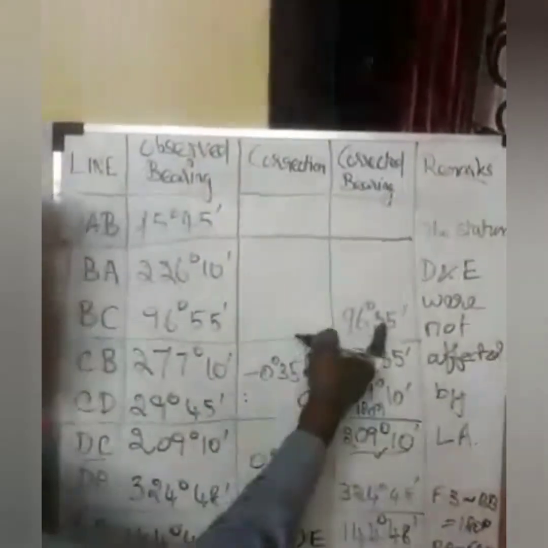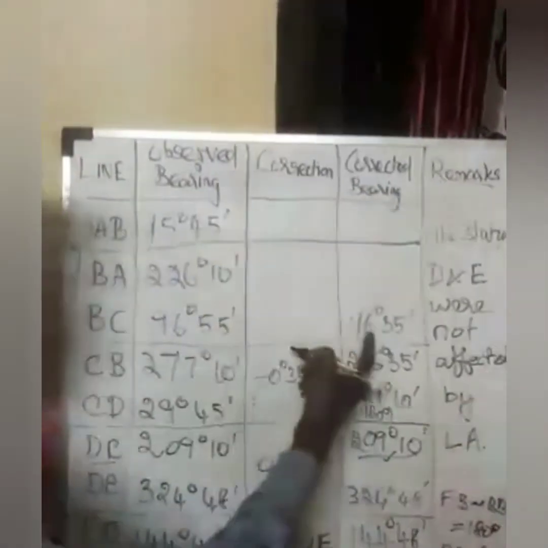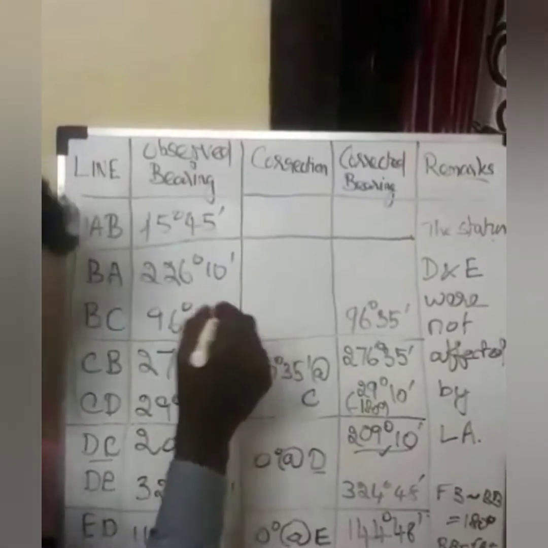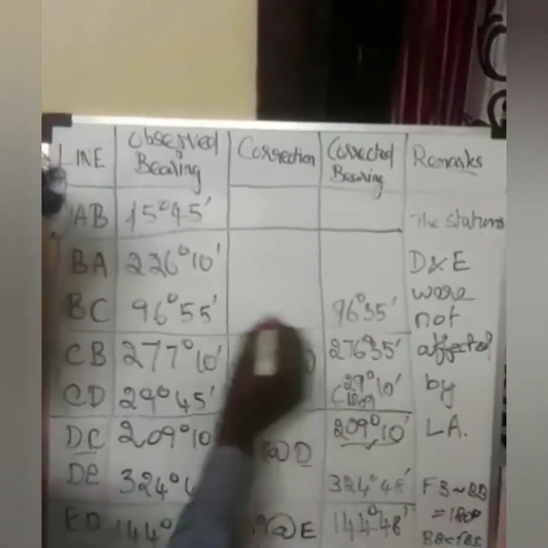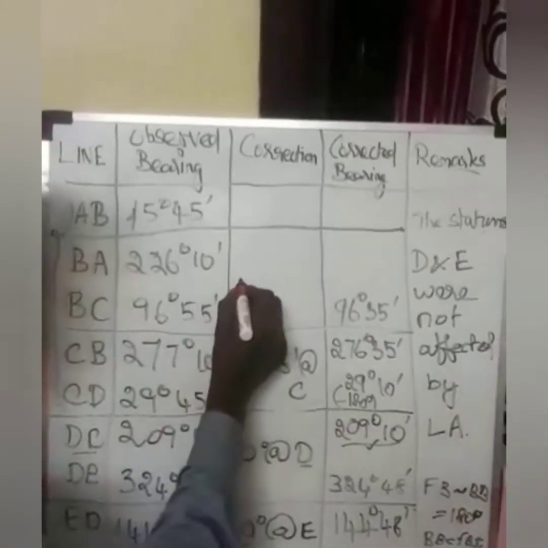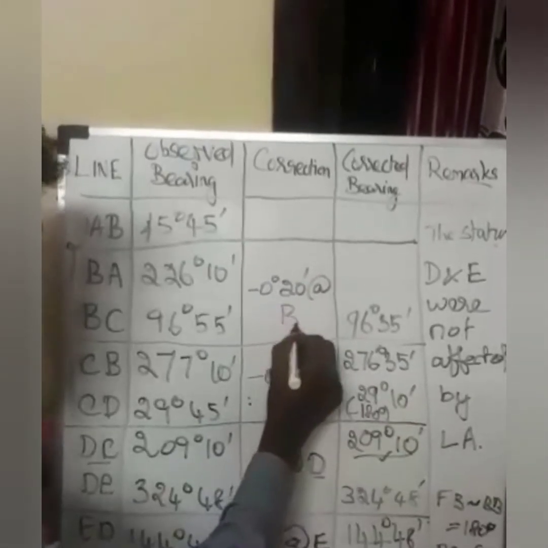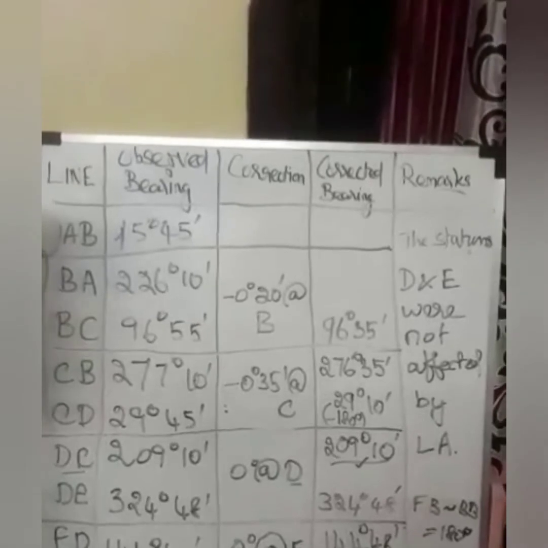It is the corrected one. The correction is the difference between the corrected bearing and the observed bearing. It is also different, so here also this value is affected by local attraction. How much local attraction error is there? 96 degree 35 minutes minus 96 degree 15 minutes, so minus 0 degree 20 minutes error by local attraction at station B. So distribute the error to this observed value: 226 degree 10 minutes minus 0 degree 20 minutes.